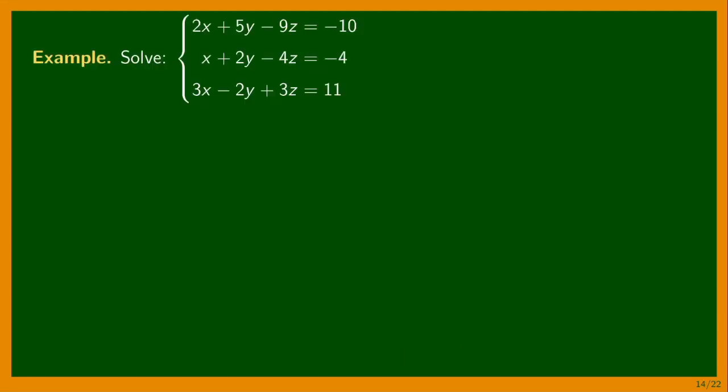Okay, so let's say you wanted to solve this. To do this, first we would like to swap equation 1 and equation 2. By the way, let's label them 1 and 2. Equation 1, 2, and 3, by the way. So why do I want to swap E1 and E2?